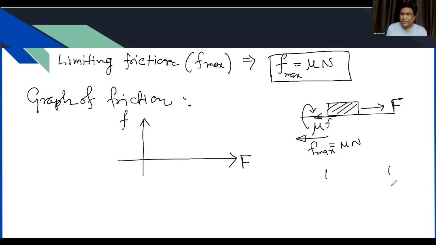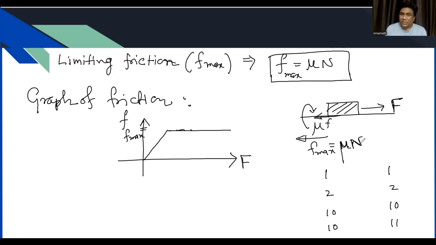Applied force is 2, frictional force also 2. Applied force is 10, so frictional force also will be 10. But if the applied force is 11, the frictional force will be 10 only. So the graph will be to some extent like this, and after that, it will be constant. That part is called F max.